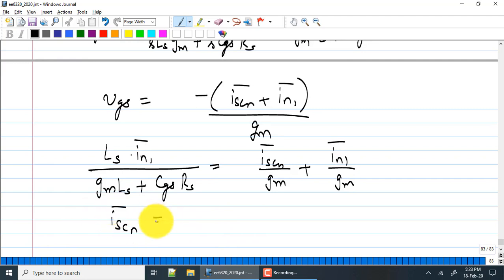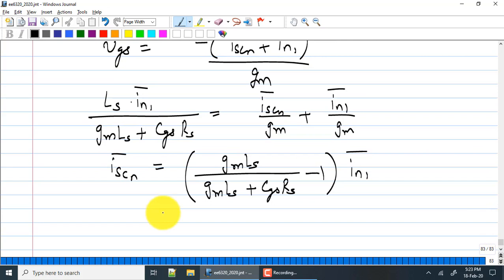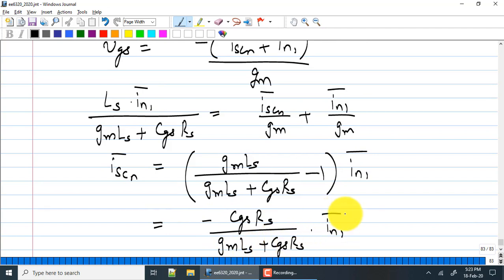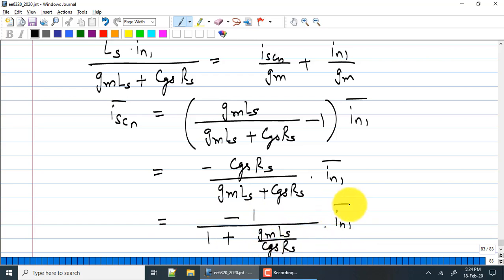So ISCN... This is okay? So minus, let me divide the numerator and denominator by CGSRS: 1 plus GMLS by CGSRS times IN1.